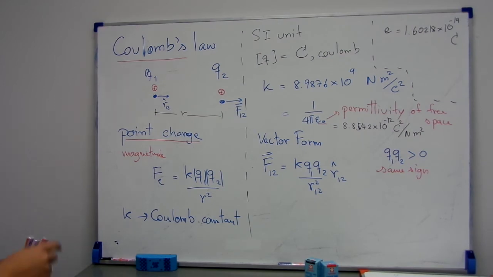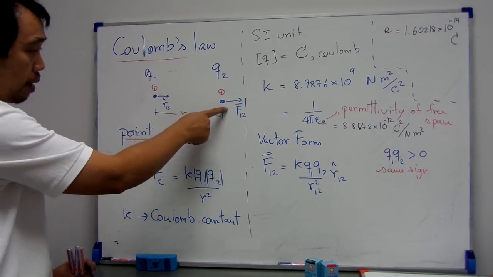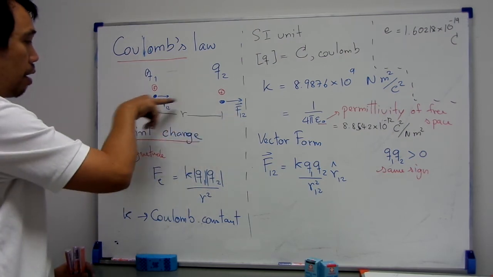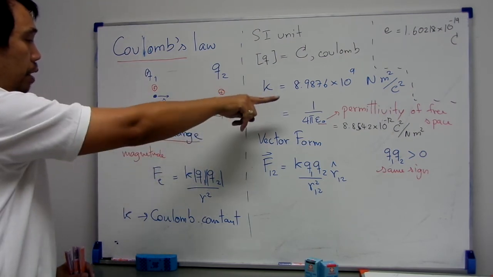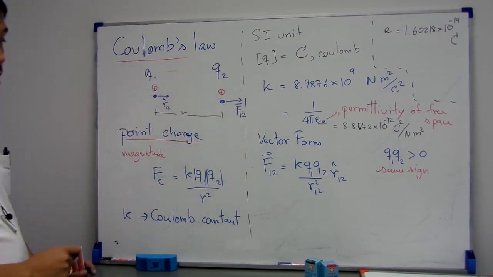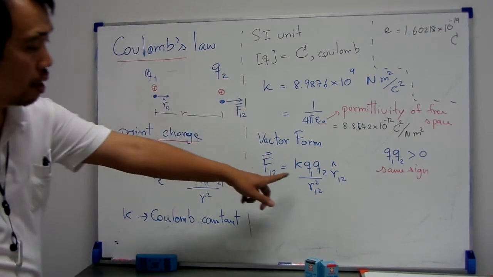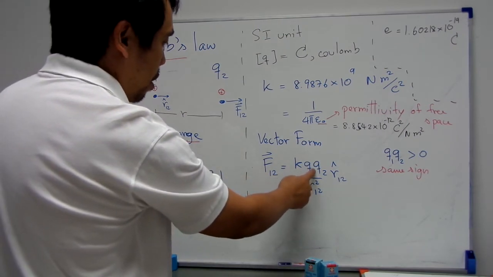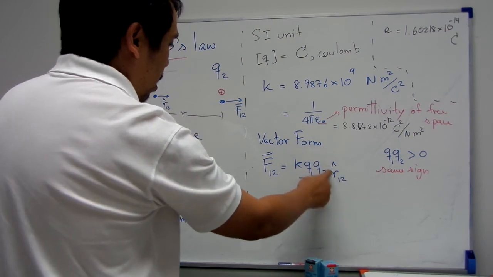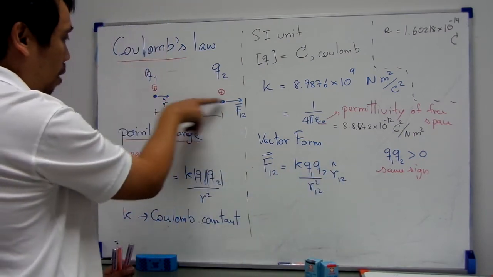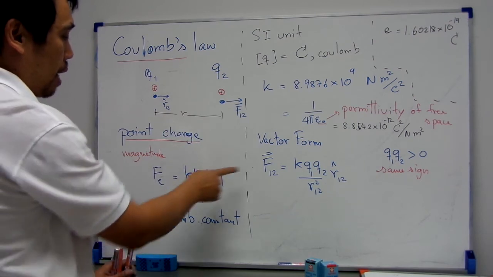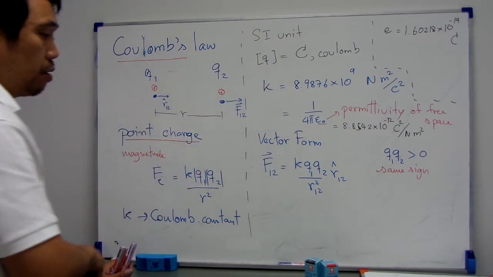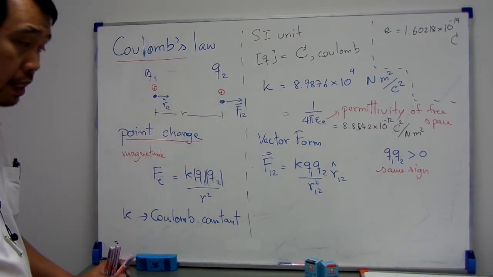Now you can see that the direction of F12 points away from Q1 like this. If you look at this expression, Q1 times Q2 is positive, and this unit vector points from Q1 to Q2. So the direction of F12 points from Q1 to Q2. So this direction is correct.